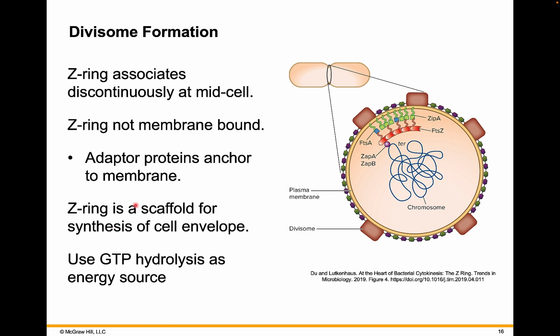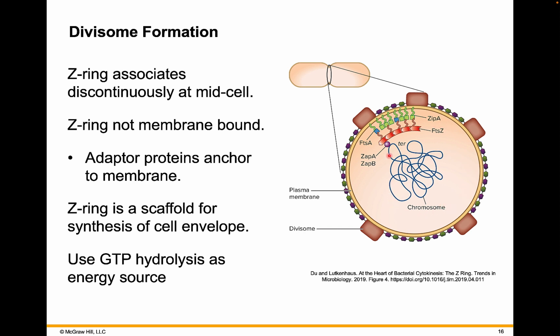So the Z ring is essentially the scaffold for synthesis of the cell envelope. It uses GTP hydrolysis as the energy source. Unlike ATP, GTP is the source, and with the help of GTP this polymerization happens and will constrict the ring, because as the polymerization goes on there will be a pull, and due to the pulling, the plasma membrane comes together from different sides, because one is here, another here, another here.